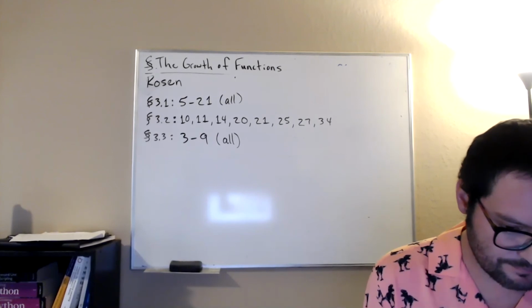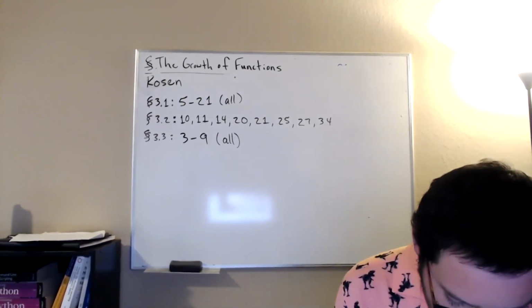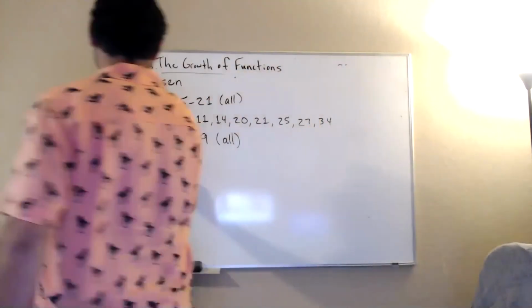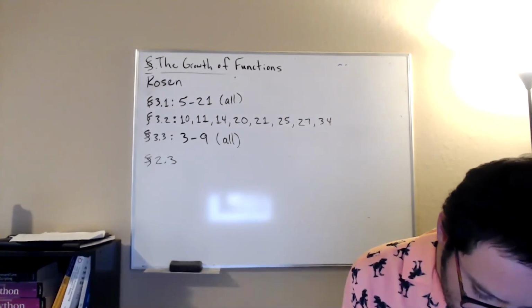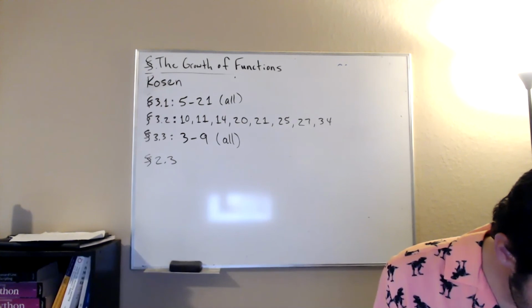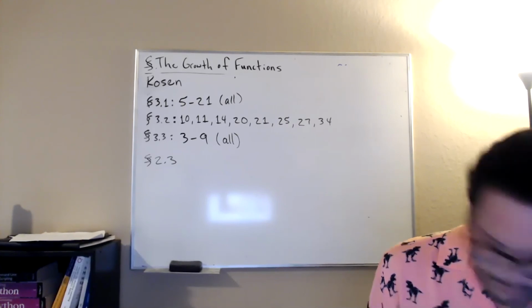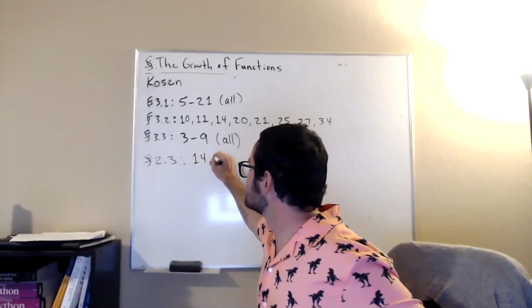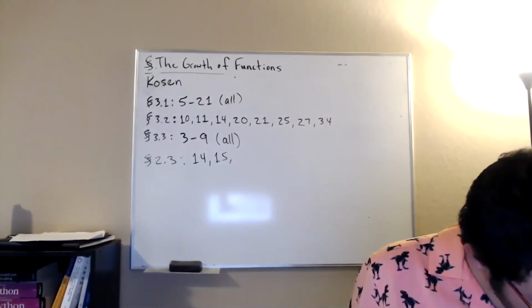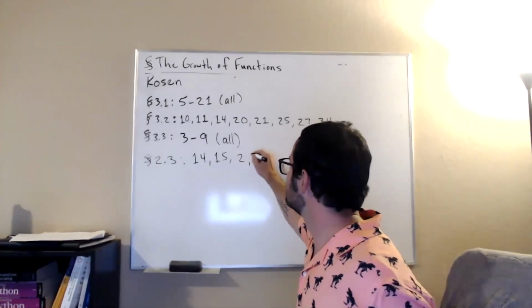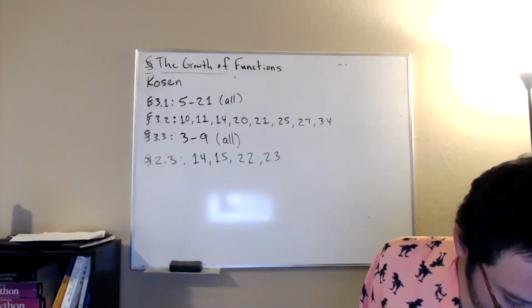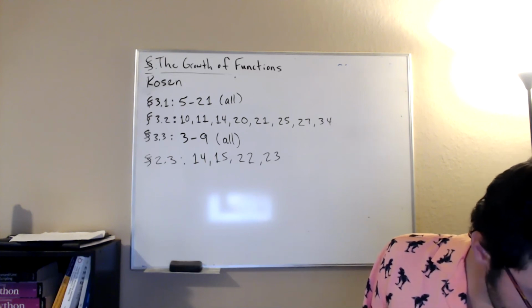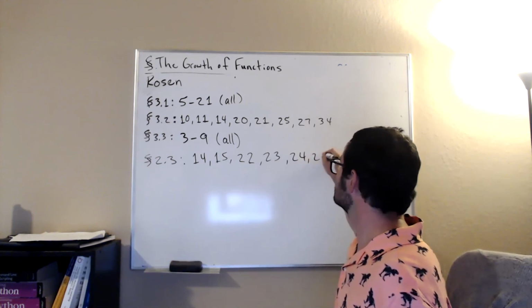So section 2.3, maybe something like 14, 15, 22, 23, 24, 25.